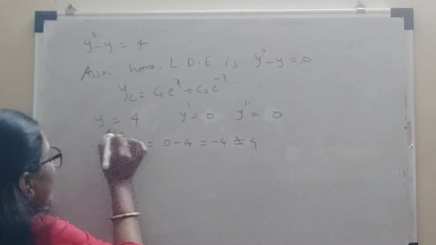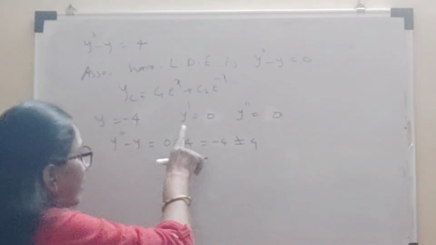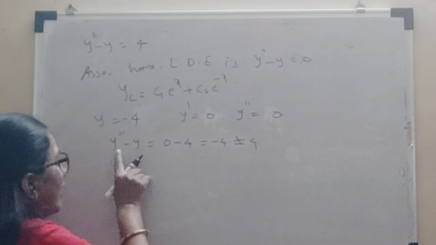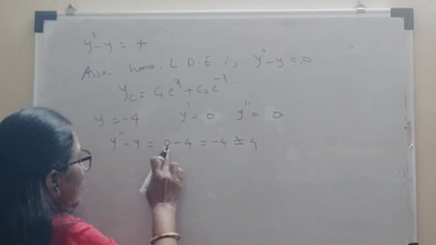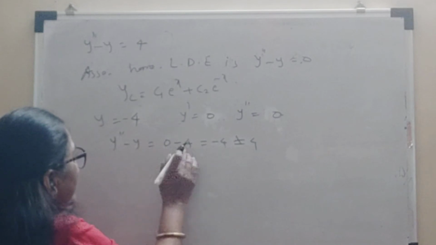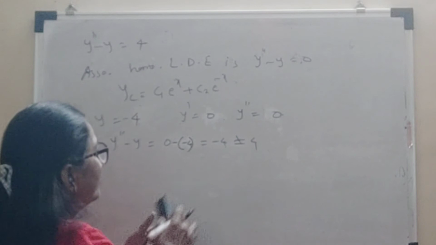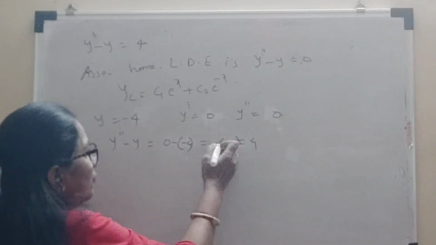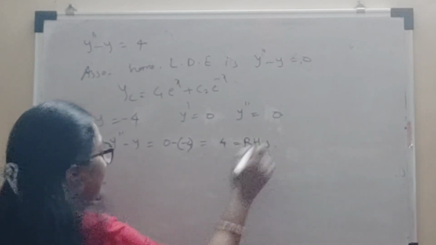So instead of y is equal to 4, if I choose y is equal to minus 4, then again y prime is 0, y double prime is 0. Now y double prime minus y is equal to y double prime, 0, minus y, which is minus 4. So minus of minus 4 is equal to 4, and 4 is equal to the RHS.